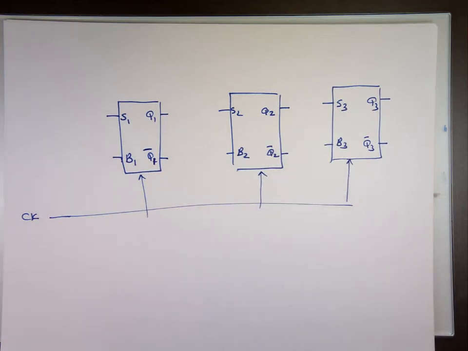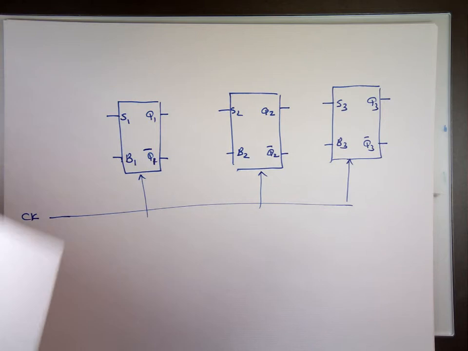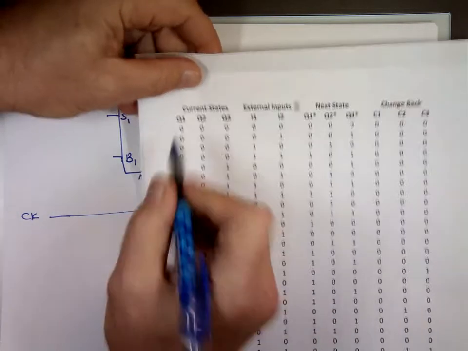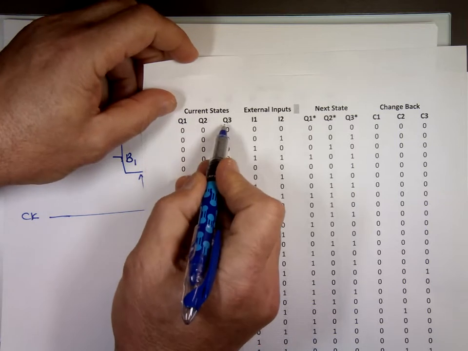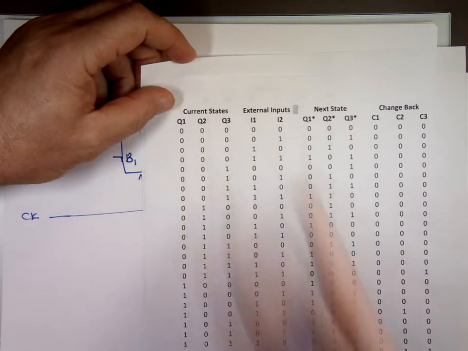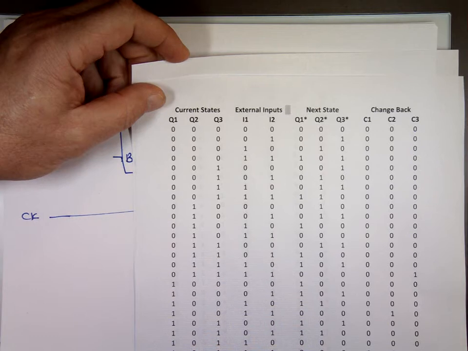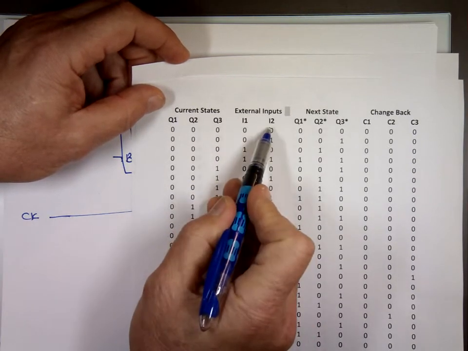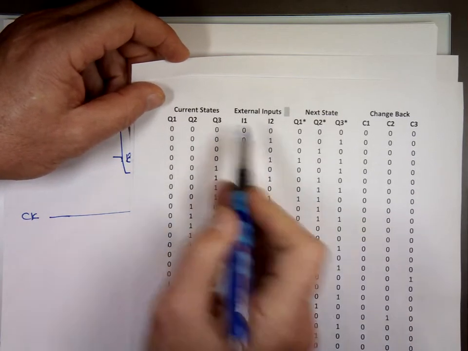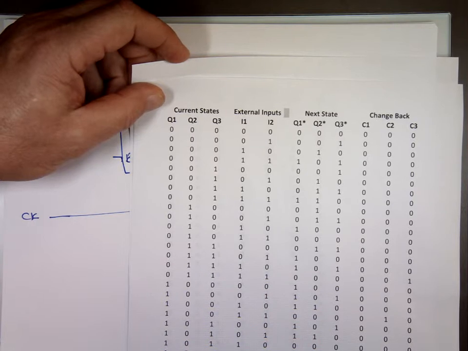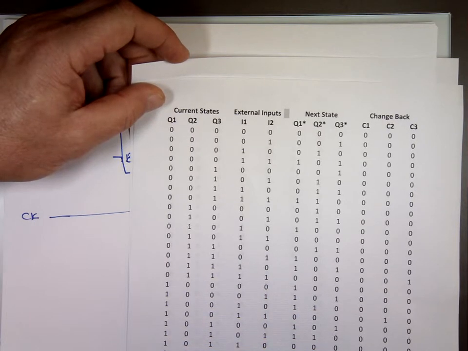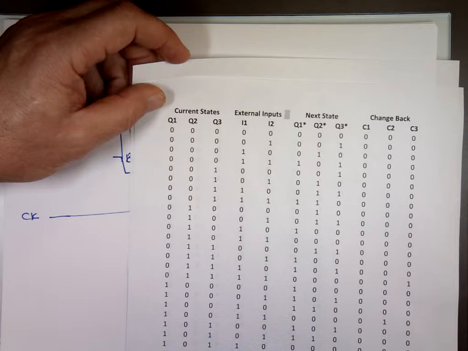So this is S1. We have 5 inputs. The inputs are the current state, Q1, Q2, and Q3, and the external input, the change that you're going to put in, the money you're putting in, I1, I2. So we have 32 combinations here. So to do a K-map for that, I will have to do 2 4x4 K-maps for S1.